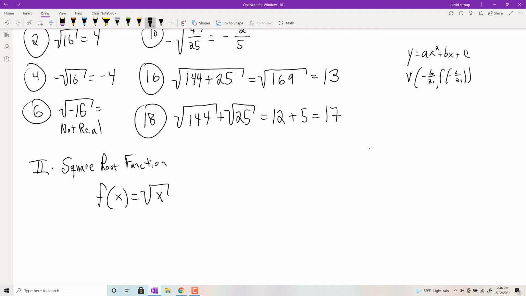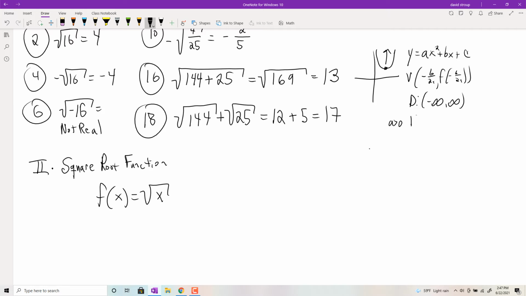And the domain would always be all real numbers. Basically, you put anything into a polynomial, it won't hurt it. But then the range was always different based off the a value. You just think about the picture, right? So it starts at the vertex and then it goes up if a is greater than 0.